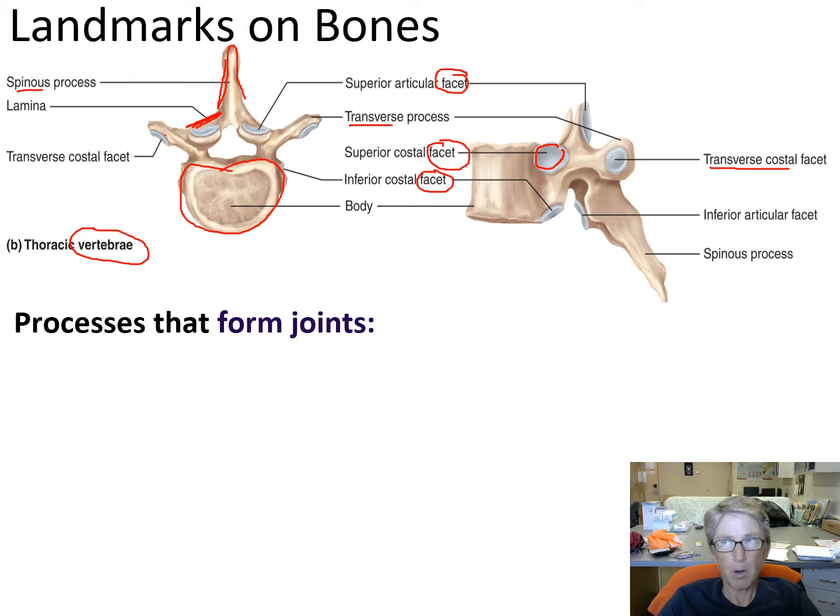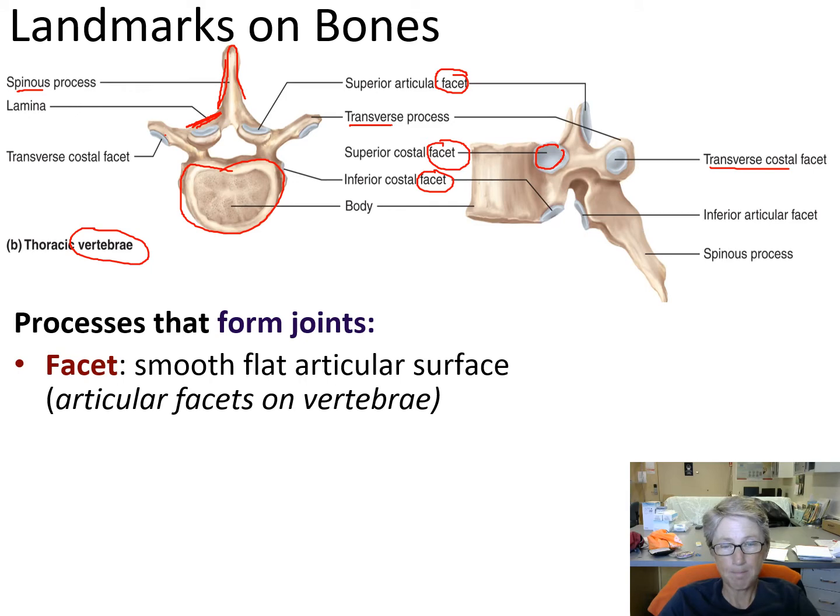And where one bone fits into another bone, you probably know that's called a joint. So a facet then is a smooth, flat, articular surface. If it's an articular surface, that just means that it forms a joint. The example that I'm showing you are these facets on vertebra. And we'll talk more about how these facets on the vertebra form joints with the ribs when we do the bones of the trunk.